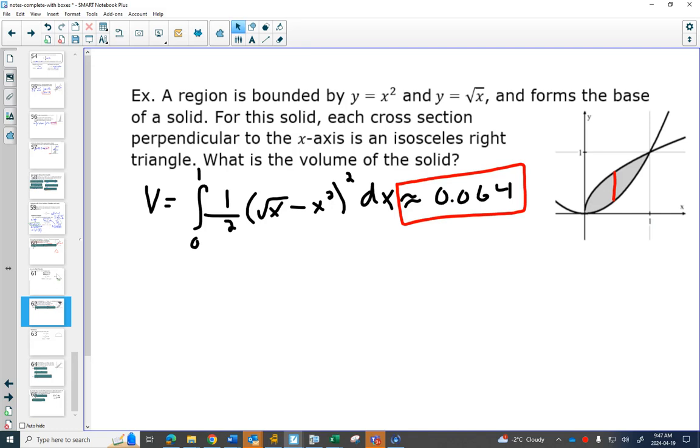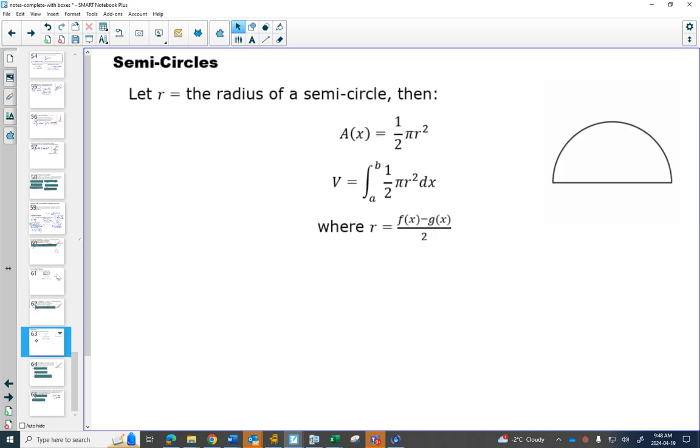And our last idea, we're going to look at the same one, but we're going to use semicircles. You know the area of a full circle is pi r squared. And so half of a circle would be half pi r squared.